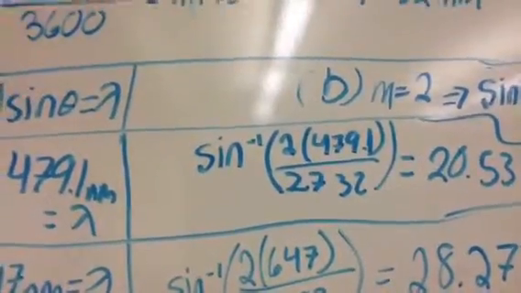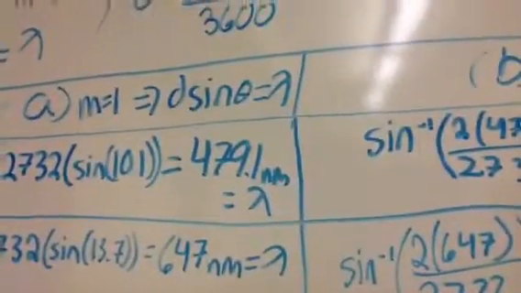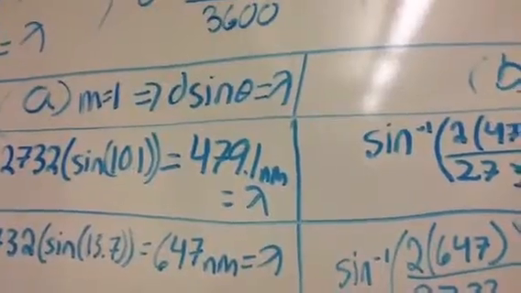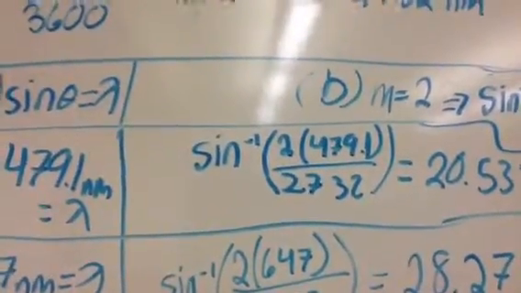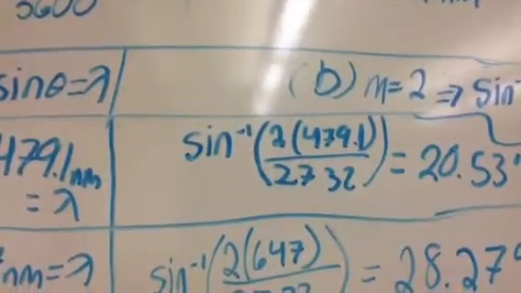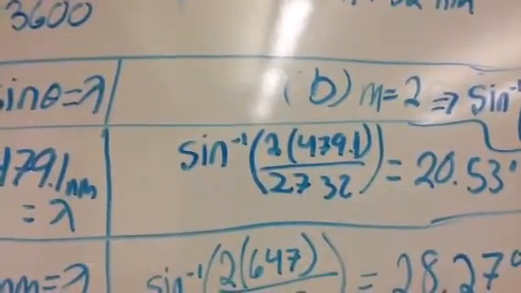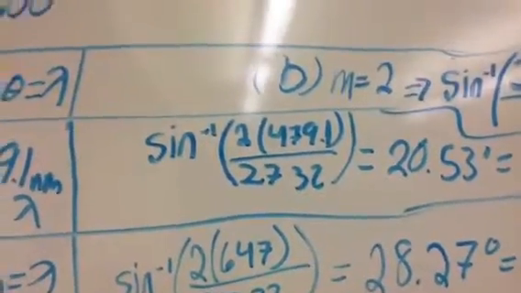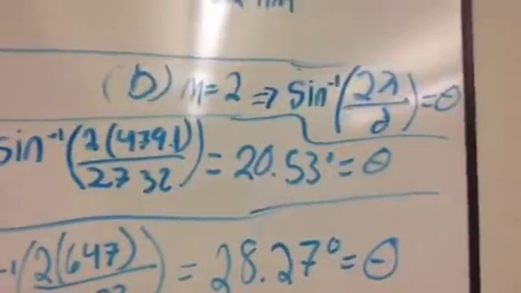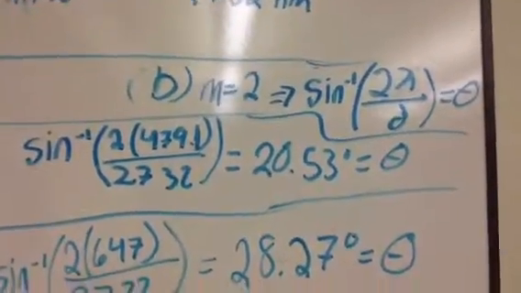So therefore, for the first one, as we found, the wavelength is 479.1 nanometers. So we find arc sine of 2 times 479.1 nanometers divided by 2,732 nanometers, which is just d, and that comes to 20.53 degrees for theta.